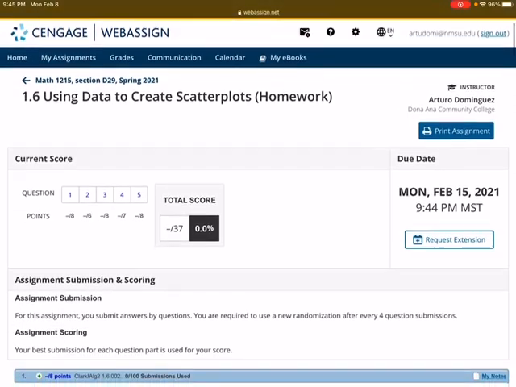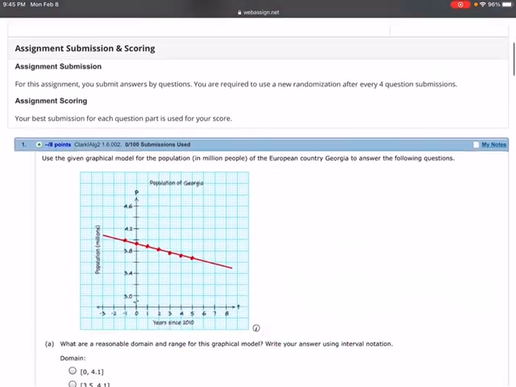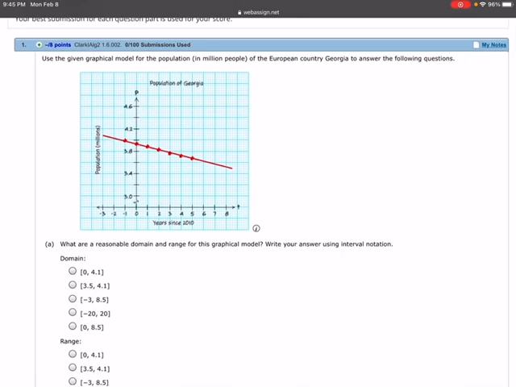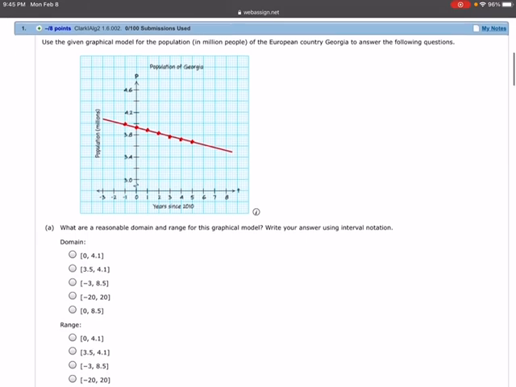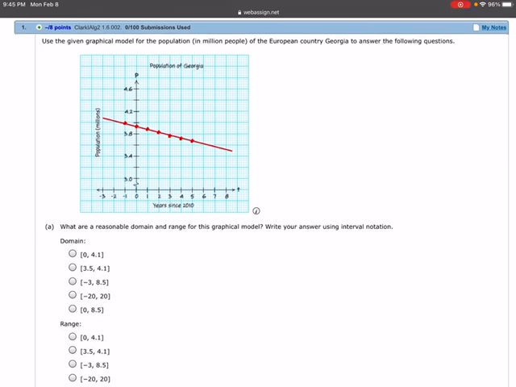1.6 scatter plots. So for example, number 1 asks for the domain. On the x values, in this case the t values going left and right, that's the domain. So this graph goes from around -3 to 8, so anything reasonable around there. It seems like this one is the correct one.